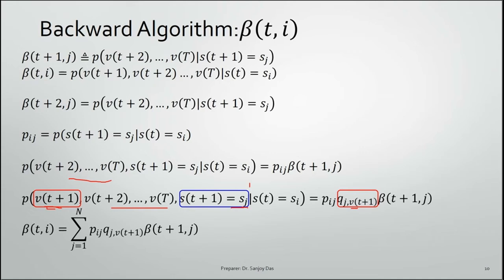So this is the summation, and the summation will get rid of this S_{t+1} equals S_j, whence we are left with the probability of V_{t+1} through V_T given S_t equals S_i. And this is by definition equal to beta_t(i).